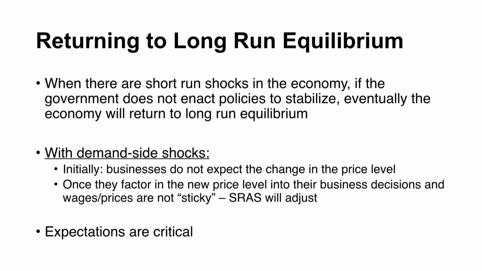Okay, so what happens if we have shocks in the economy and we want to get back to the long-run equilibrium? So we want to know, if we have demand-side shocks or supply-side shocks, how do we get back to the long-run equilibrium if the government doesn't intervene?